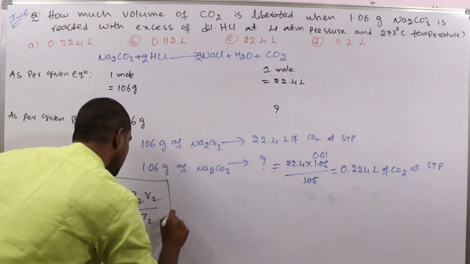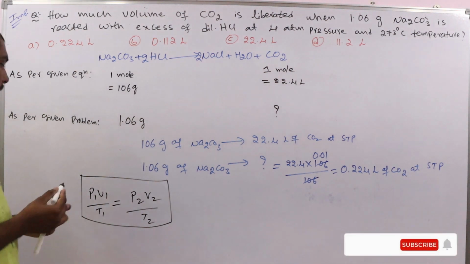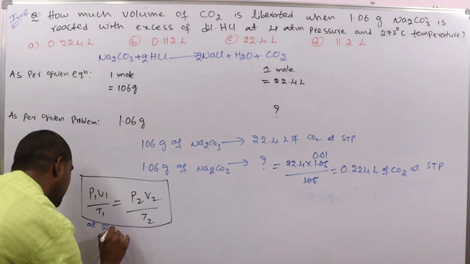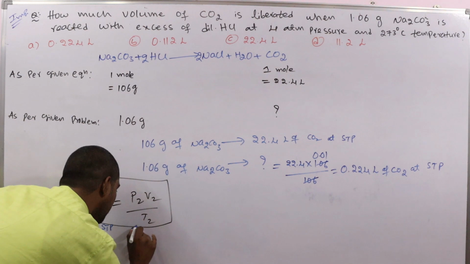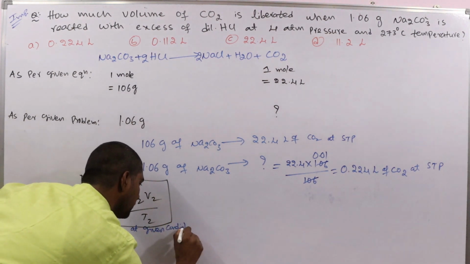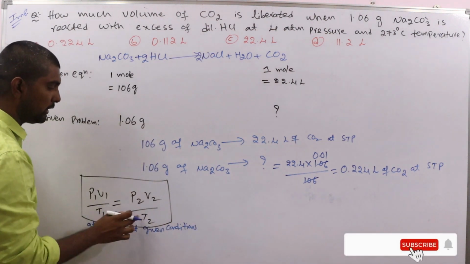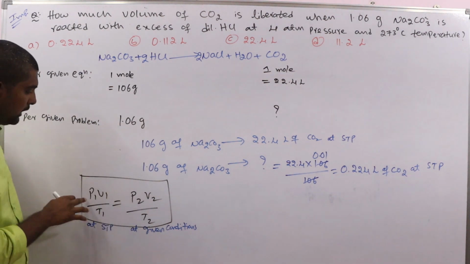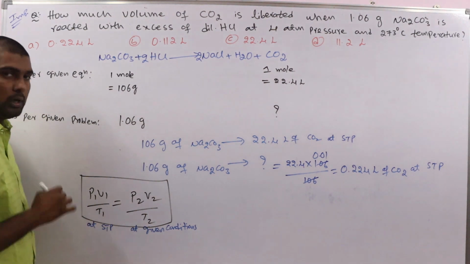This is the formula we have to use here. Very, very important. P1 V1 T1 are at STP conditions, and P2 V2 T2 we have to take at the given conditions, meaning the pressure, temperature and volume at the given condition.